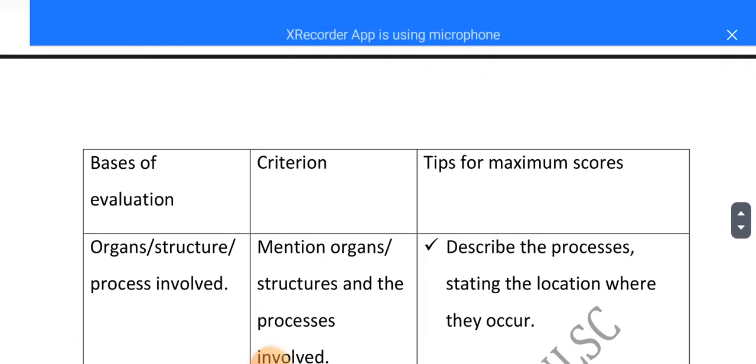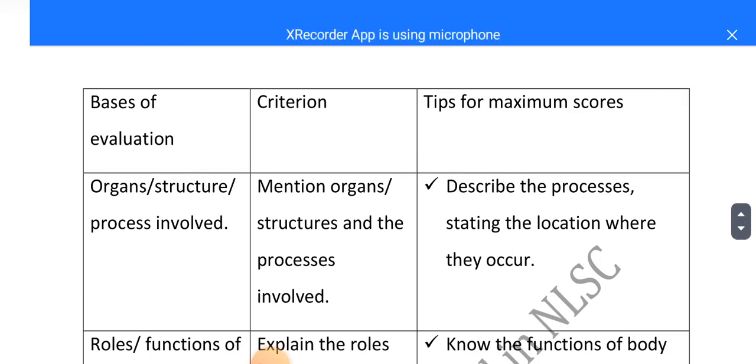Now they have given us the basis of evaluation, the criterion, and the tips for maximum scores. We are saying the organs or structures and processes involved. Then the criterion: mention organs or structures and the processes involved.